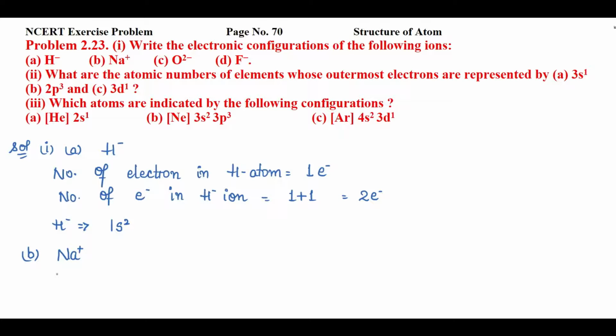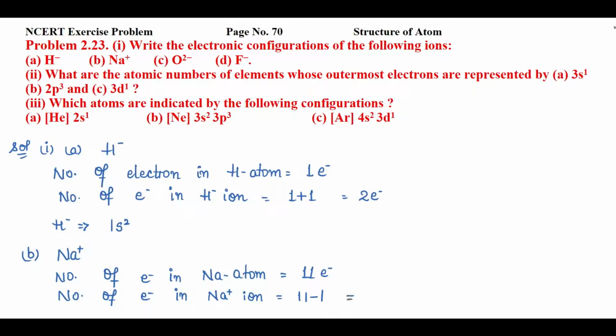So the number of electrons in a sodium atom is equal to 11 electrons, and sodium loses 1 electron, that means the number of electrons in sodium ion will be 11 minus 1, right? So 11 minus 1 will be 10 electrons.